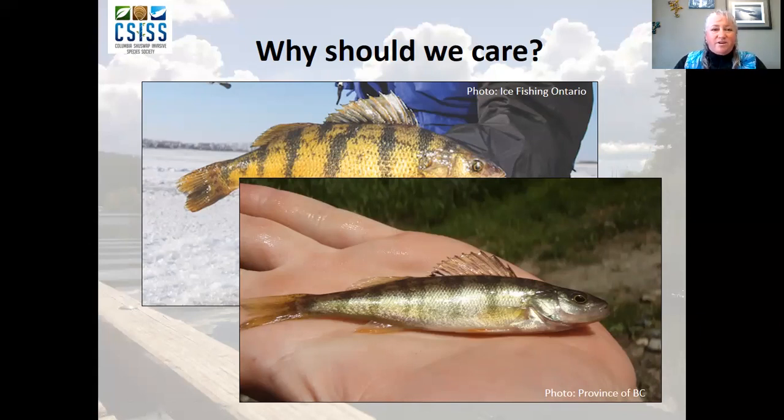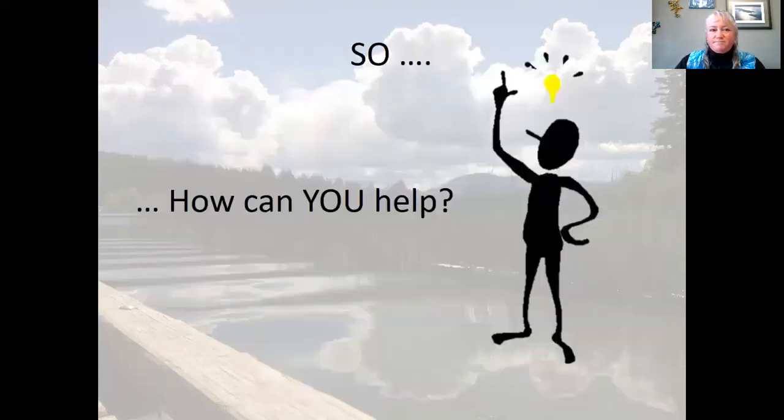And because every baby survives, they become extremely numerous. And when they're so numerous, they compete with each other and with all other native fish, and they never get very big. So this one here is about 10 centimeters long. That's as big as it gets, and it's not going to be a sport fish. It's not going to be useful for anything, and it's going to damage the fisheries of our native fish.